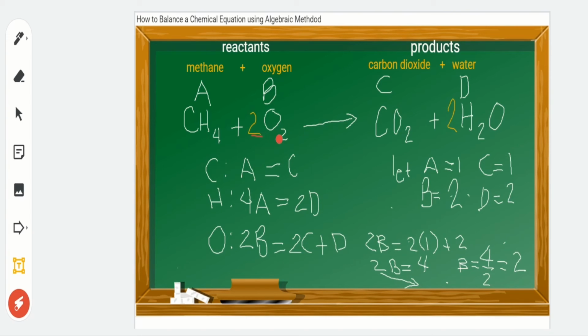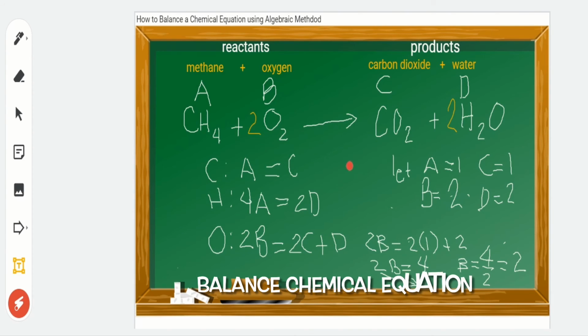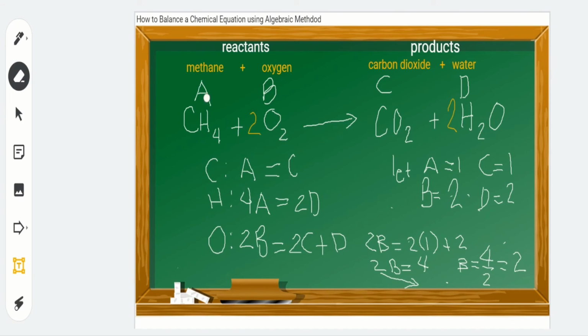So, 2 times 2 dito sa reactant side natin, 4. And here, we have 2, plus 2 times 1 dito, we have 2. So, 2 plus 2, we have 4. So, definitely, our equation now is balanced.